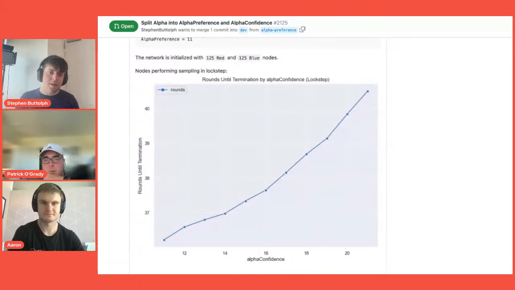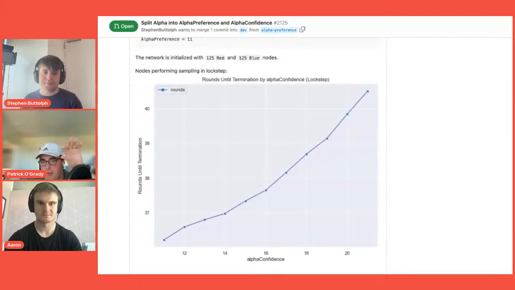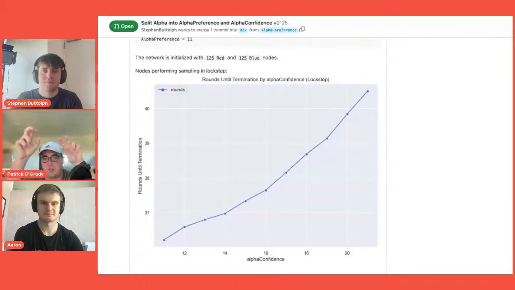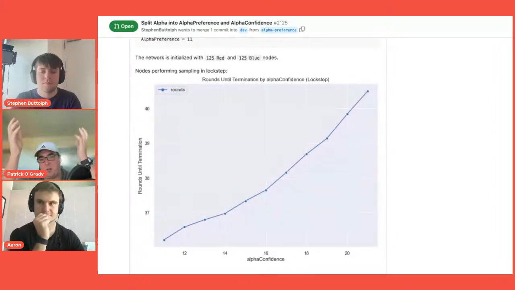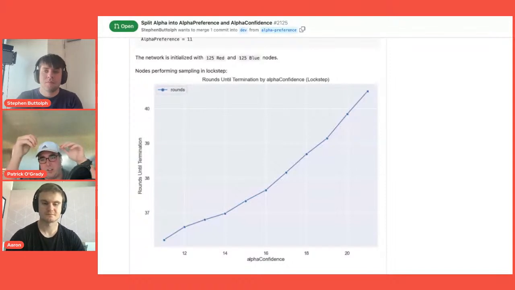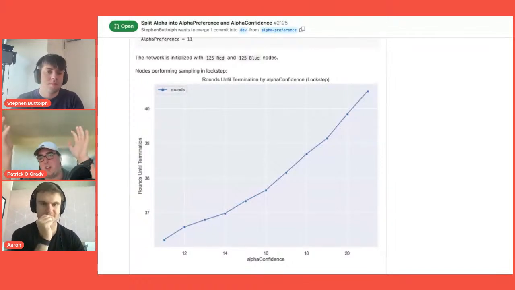So yeah, I think the intuition here is, if you're trying to get a sample to be successful, a successful sample here means that alpha divided by k or greater of the responses are for a single color. Obviously, the probability of success there goes up the lower alpha is, but the trade-off, as Steven mentioned, is that the security can go down, right?